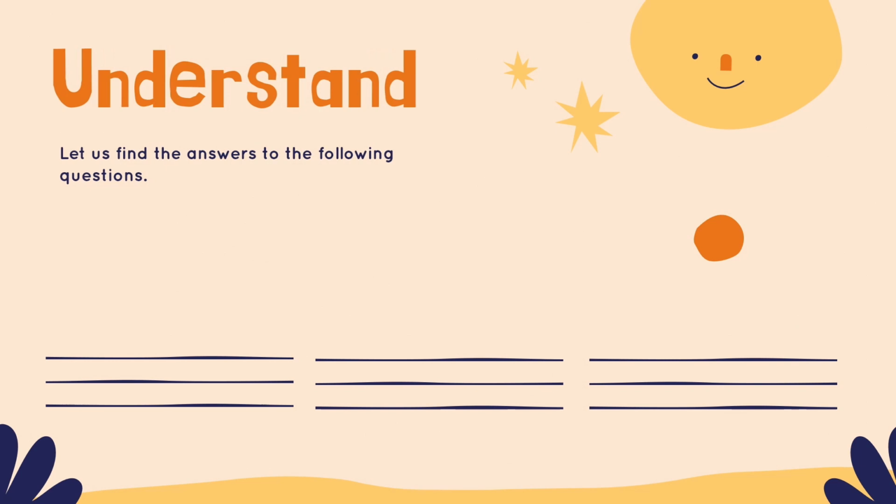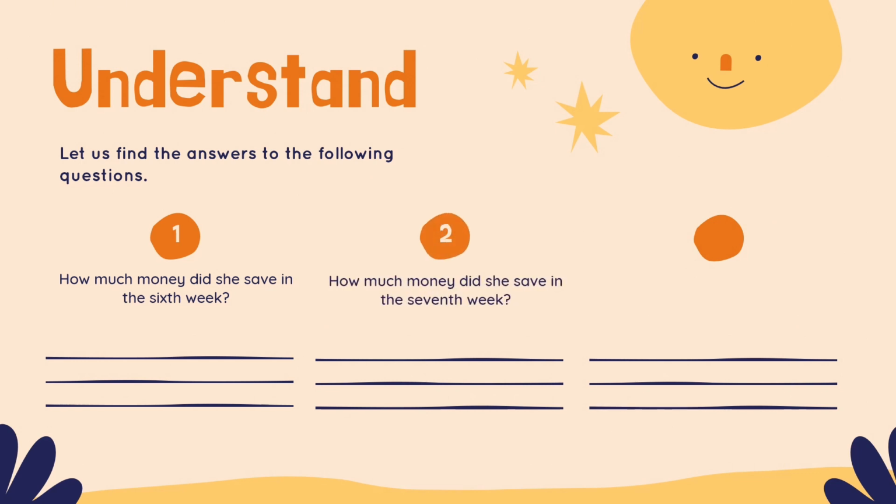Let us find the answers to the following questions. Number 1, how much money did she save in the 6th week? Number 2, how much money did she save in the 7th week? Number 3, how much money did she save in the 8th week? If we are going to go back to our problem, in the first week, she saved 5 pesos. In the second week, she saved 10 pesos.